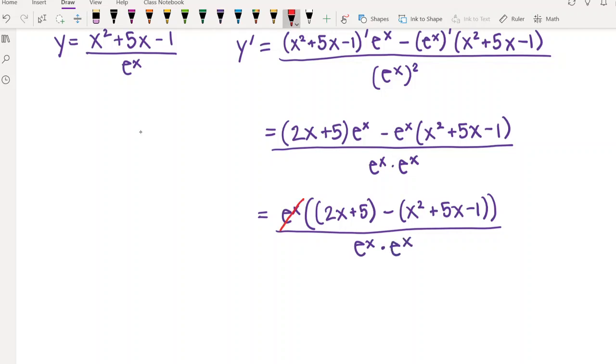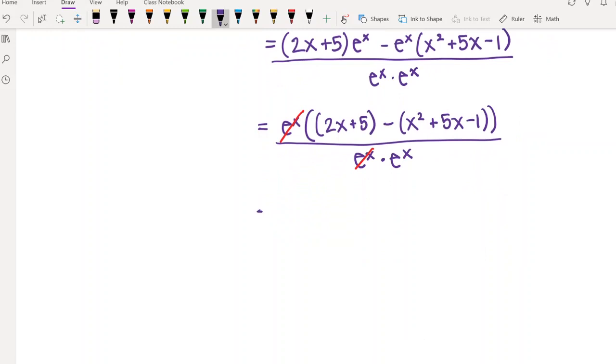And so now we can see that we have this extra e to the x that we don't need. We can get rid of that. And so we're left with 2x minus 5 minus x squared plus 5x minus 1 divided by e to the x.